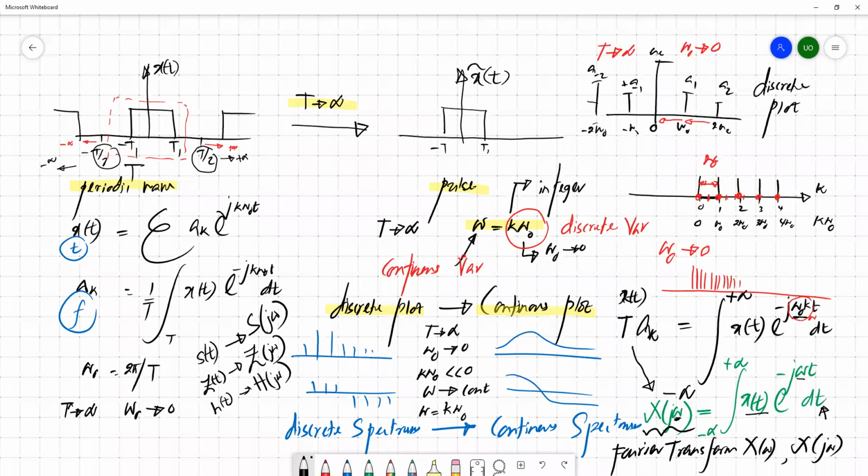So likewise, you can simply denote the Fourier transform by the capital letter, and within brackets you put j omega, because the output would be a complex one. That's why we put j, and once you integrate over time, the function would ideally be in omega.